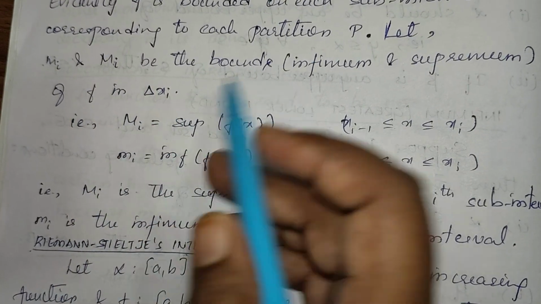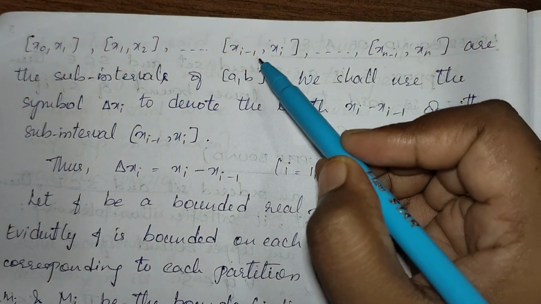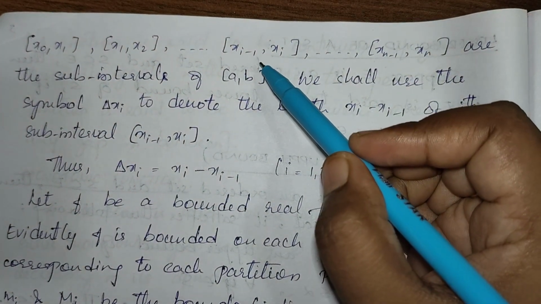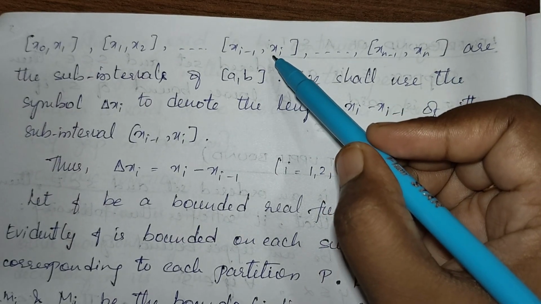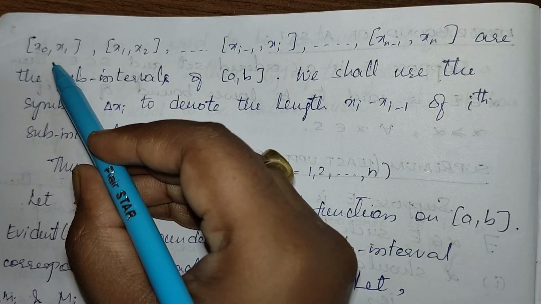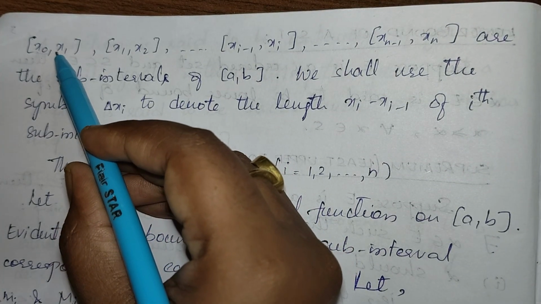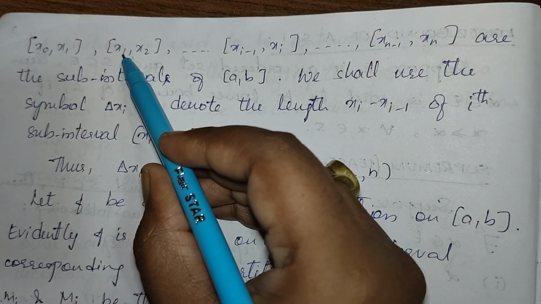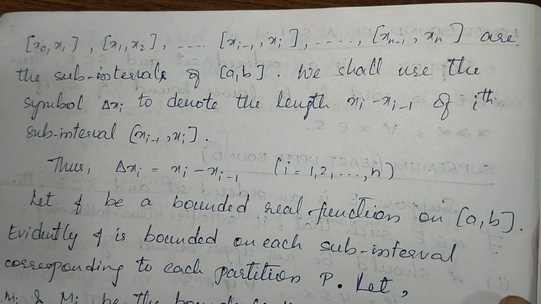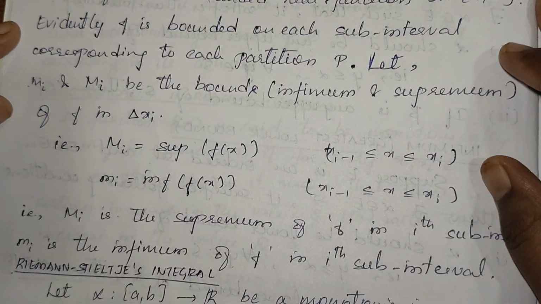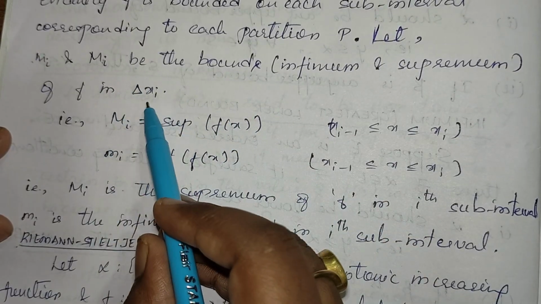This means mi and capital Mi are actually the infimum and supremum in this particular interval. If you take m1 and capital M1, that will be the infimum and supremum in this interval. Similarly, m2 and capital M2 will be the infimum and supremum in this interval, and so on. In general, we are considering mi and capital Mi to be the bounds in this interval.